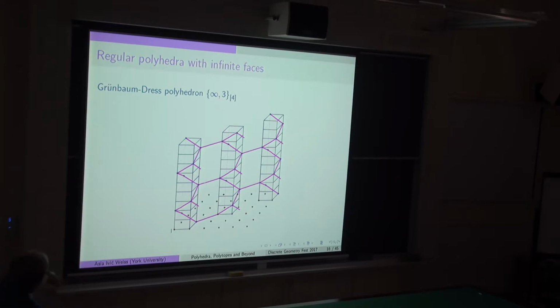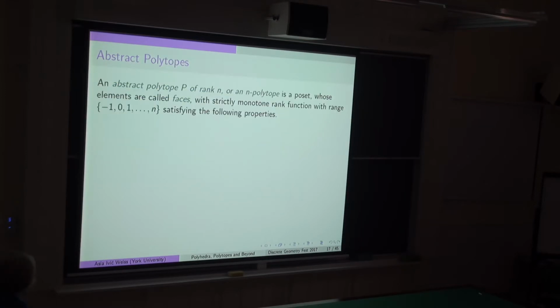You have to make sure that you start vertices at the right spot. And then you connect them with these bridges. So then there are helices going up and down, left and right, and back and forth. So its Schläfli symbol is {∞,3}: infinity for the helix, and 3 meeting at each vertex.